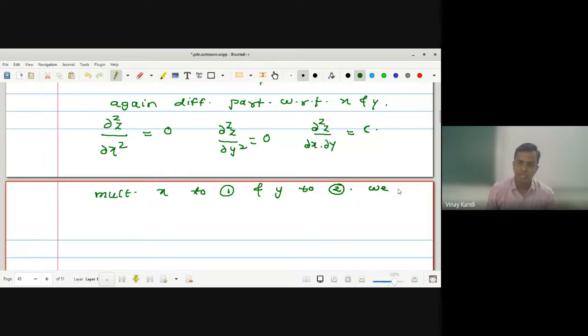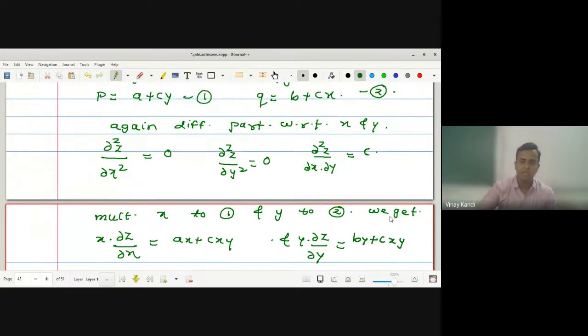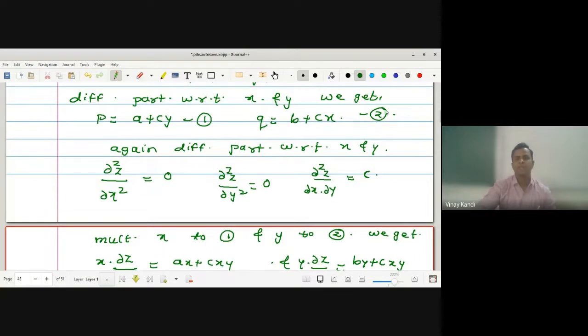So we get x ∂z/∂x equal to ax plus cxy, and y ∂z/∂y equal to by plus cxy. We multiplied this equation by x and that one by y.